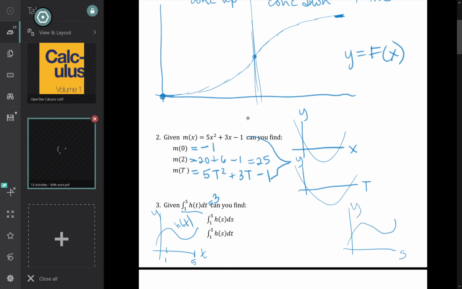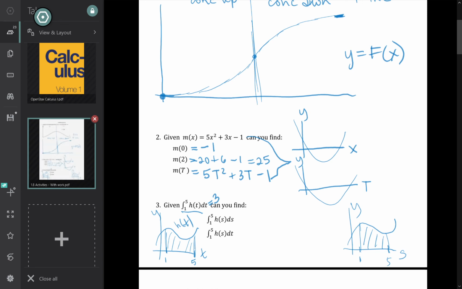All I've done is change the name of the variable. I have not changed the shape of the function at all. So these two areas, even though I labeled one with an s on the horizontal axis and one with a t, should be identical. Please forgive the fact that my pictures are super wonky. So the answer here is yes, it would also be 3, or whatever it is.